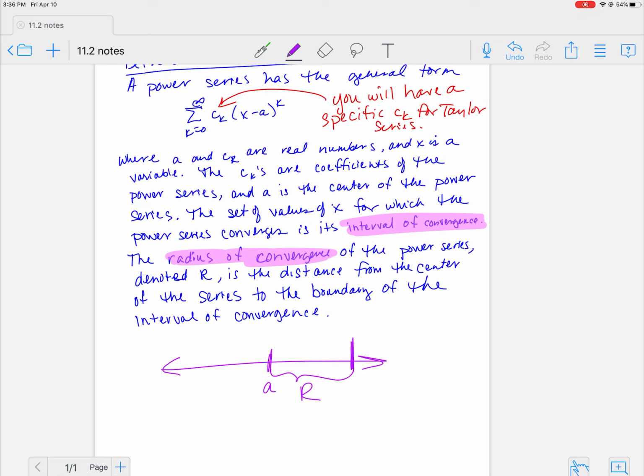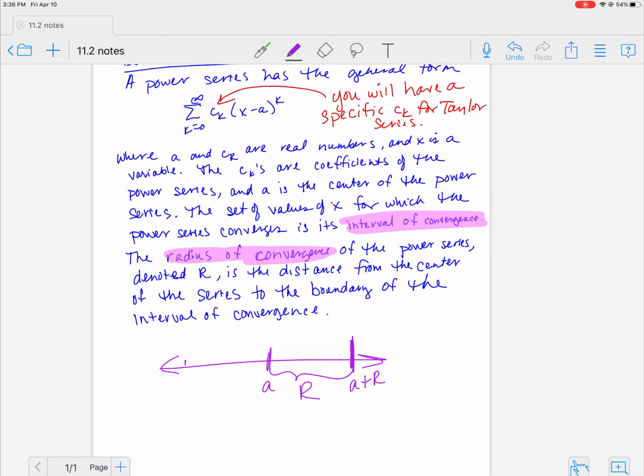So out here to this outside boundary, I get a plus R. That's what I get to that boundary. Or over here to get to this boundary, I have that same value R, and to get to this outside boundary, I take a minus R. So that boundary that we're looking at all the way around, that is my interval of convergence.